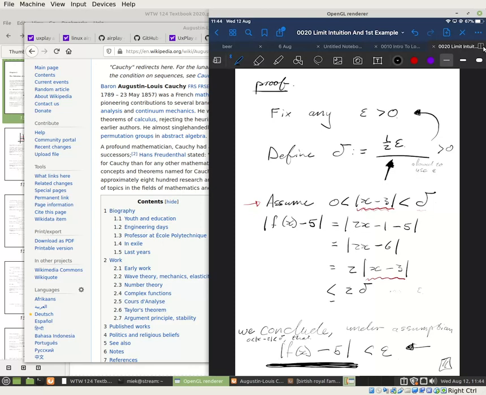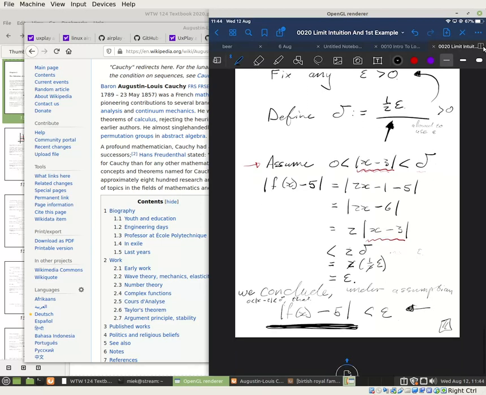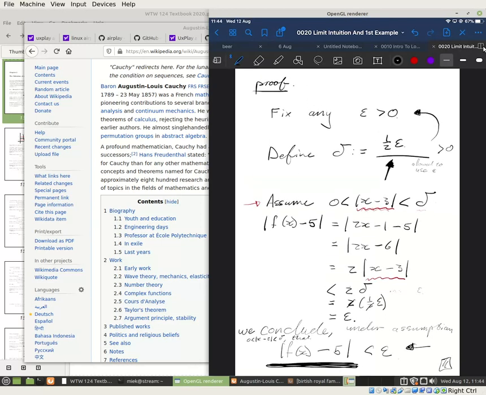If delta is equal to a half epsilon, then 2 times delta, which is then 2 times a half epsilon, the 2's cancel and we're left with an epsilon. Full stop. And now, lo and behold, we have completed our proof. So we see here we've got this chain of inequalities. This expression is equal to this, equal to that, less than that, is equal to that.